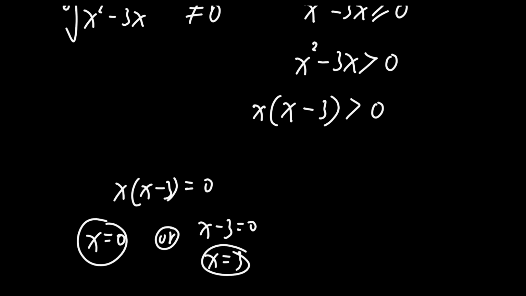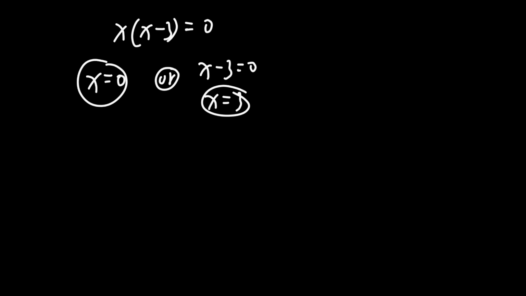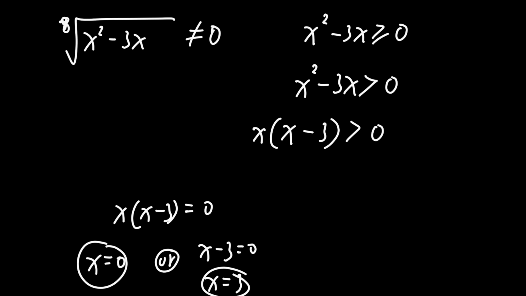These two are called the critical points. And we want to put these critical points on a number line. Let's say here is 0, here is 3. And make sure it's an open circle, because we don't want to include these two points since we have this sign here.